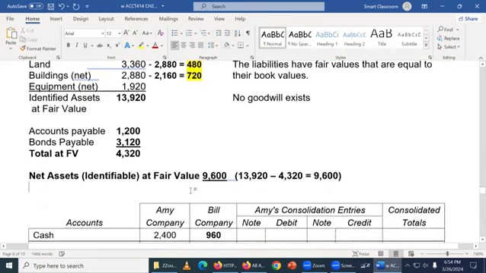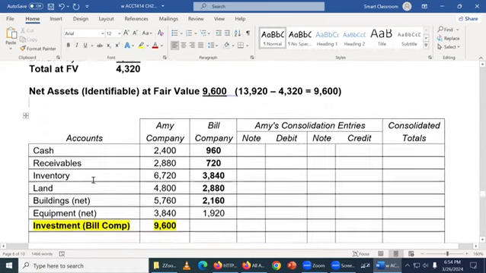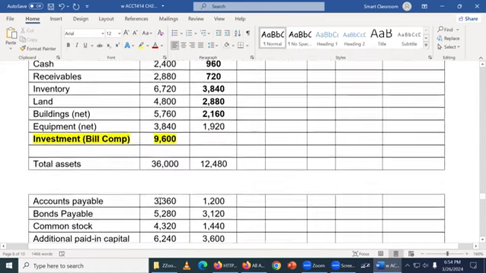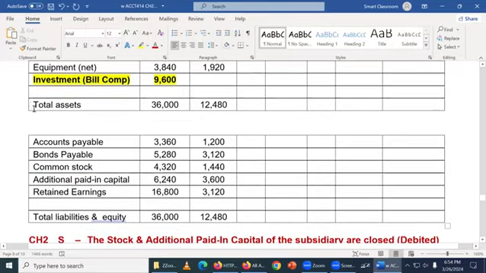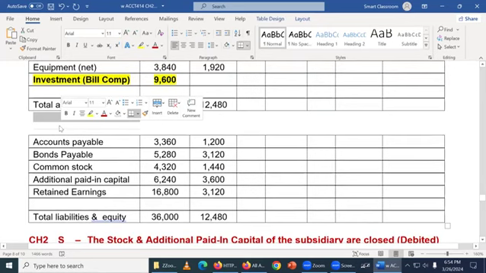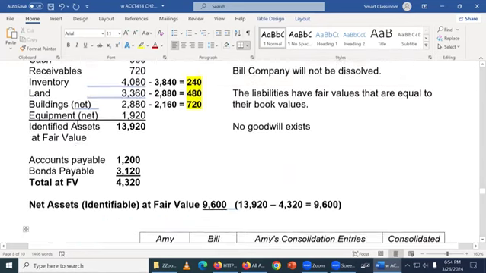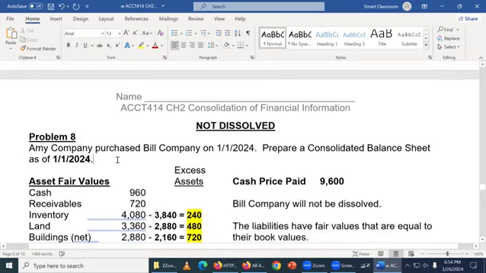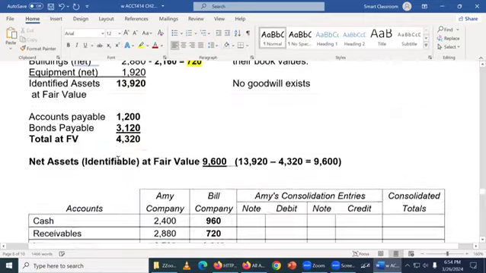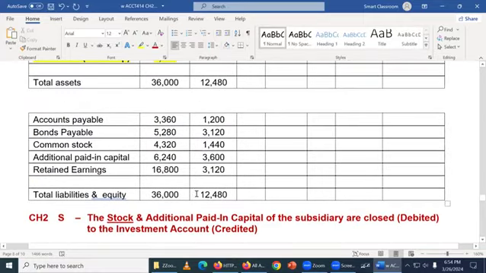No goodwill. Okay, so let's take a look here. So coming down here, all right, let's start doing some of these calculations. Try to get some space here. Okay. All right.